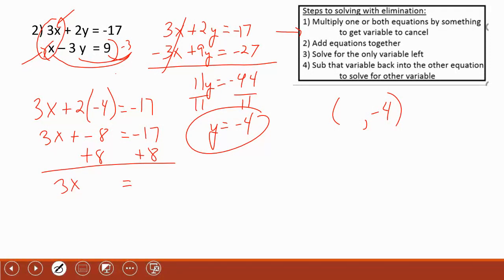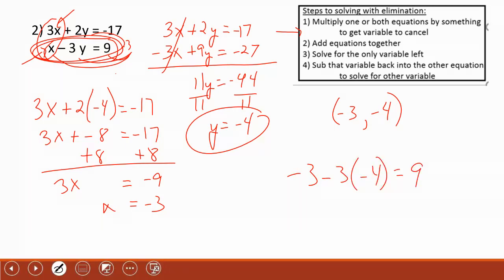So 3x equals negative 9. Divide by 3, x equals negative 3. You want to check your answer, take it to the other equation. Negative 3 minus 3 times negative 4, and see if that equals 9. Negative 3 times negative 4 is 12. So you got it checked, it's right.